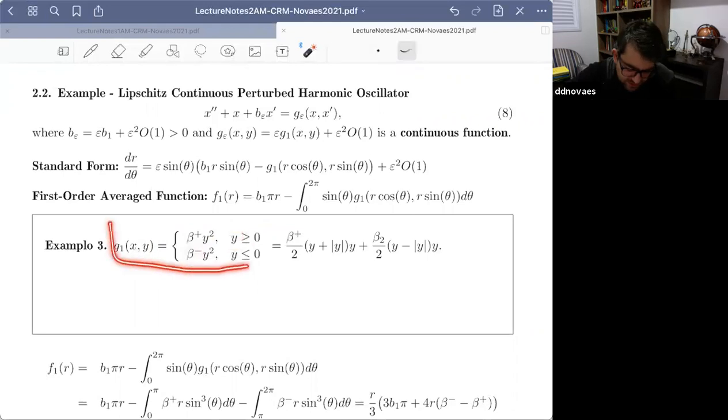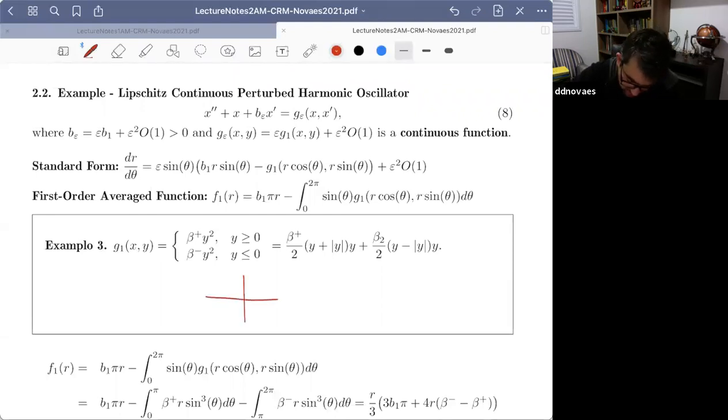Note that this is continuous because it's 0 for y equals 0, and also Lipschitz because it's continuous and piecewise differentiable. The graph of this function looks something like that. Let's assume that, for instance, beta plus is positive and beta minus is negative, just to draw a picture. So this is something like that.